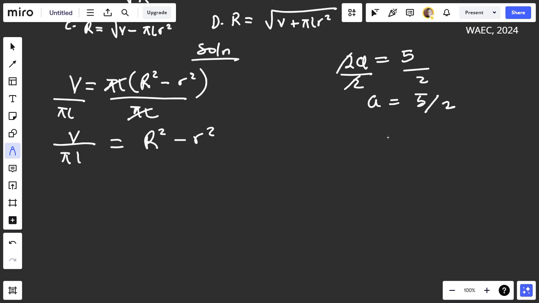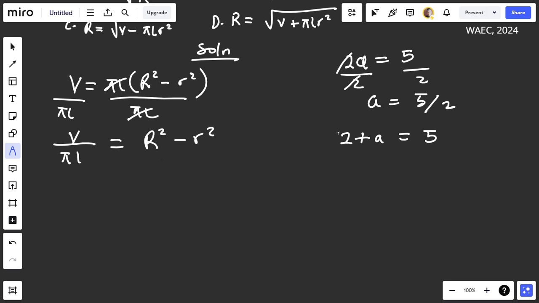According to the rules of equations, if you have 2 plus a equals 5, and you want a to stand alone, the only way is by taking away 2. How do you take away 2? You don't just throw it away. The operation that binds 2 with a here is addition.